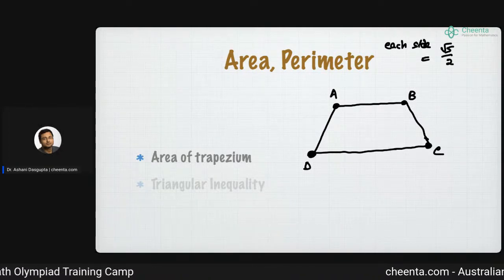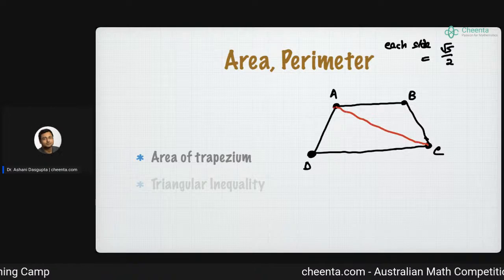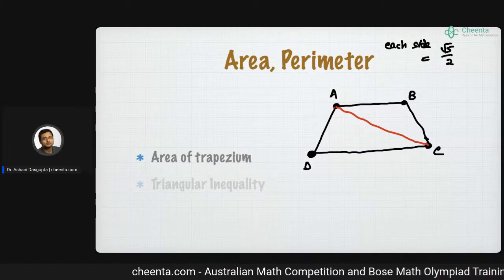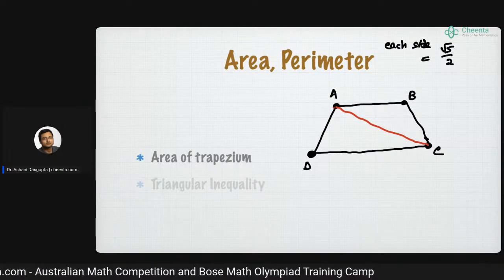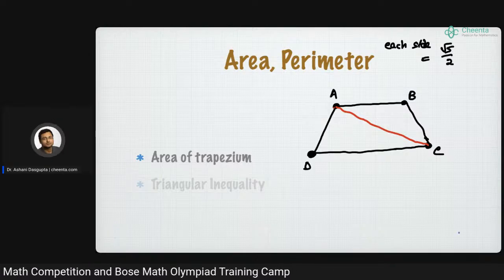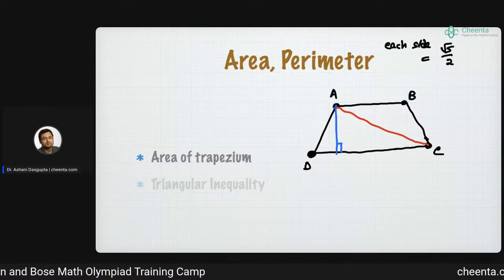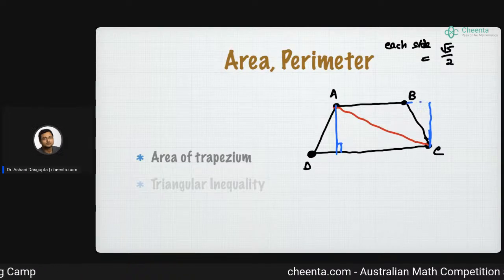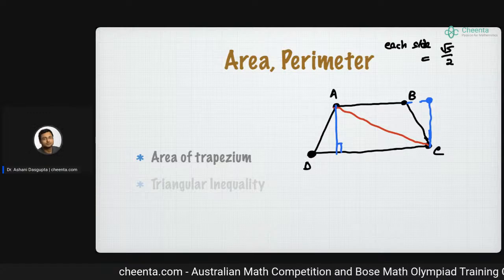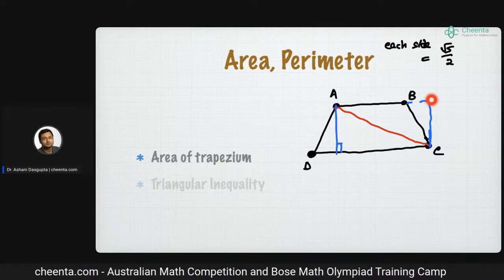So here we go. We can join AC, and we can simply find out the area of triangle ABC and triangle ADC. So to find out the area of triangle ABC, we drop a perpendicular. And to find out the area of ADC, we drop a perpendicular here from C onto the extended AB.